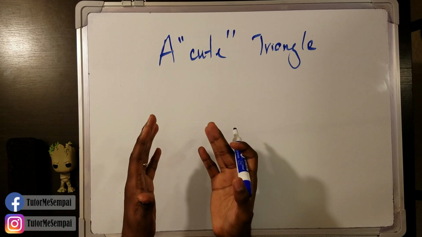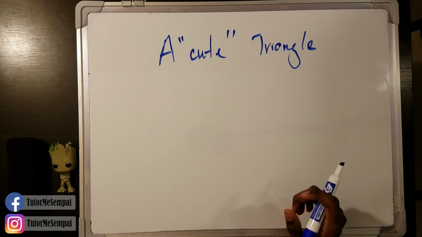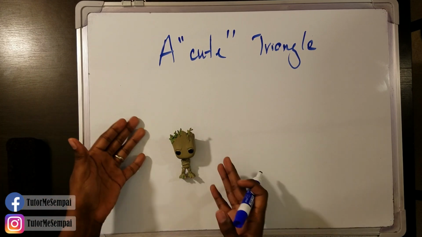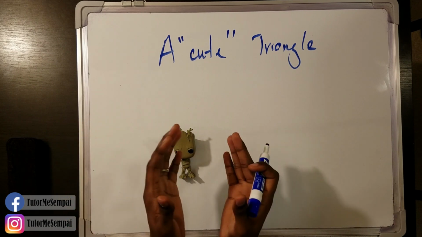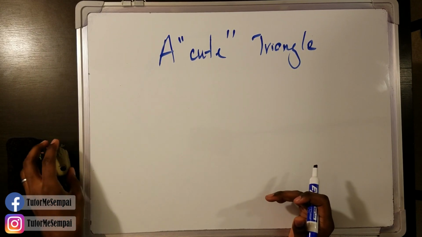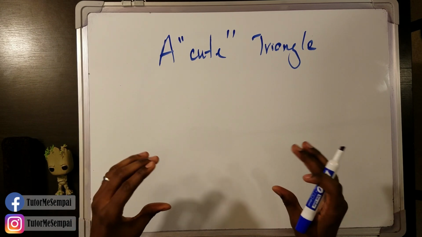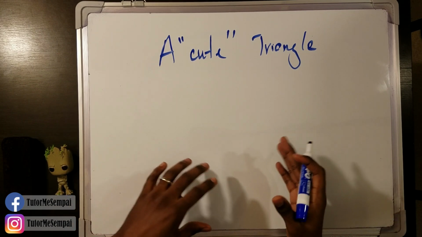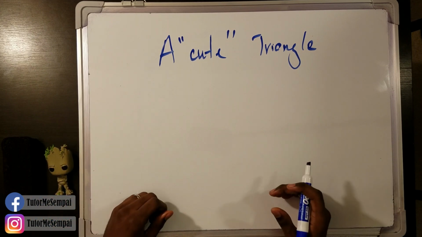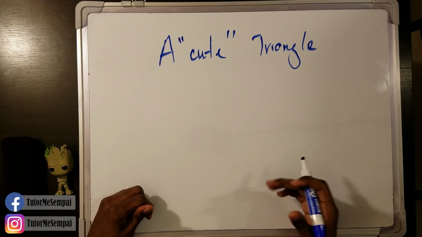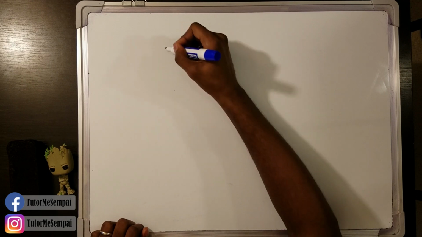When you have a small baby or a small puppy or a small Groot. Small things tend to be cute. So when you have a cute triangle, all the angles are small. Small things tend to be a little cute. So a cute triangle, small angles in their triangle. So let's look at the right triangle.